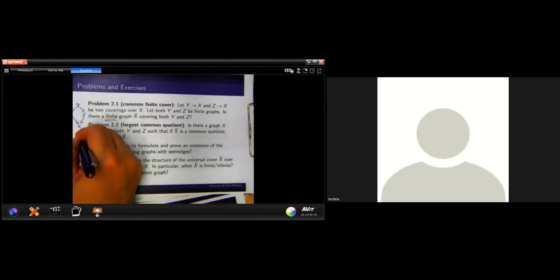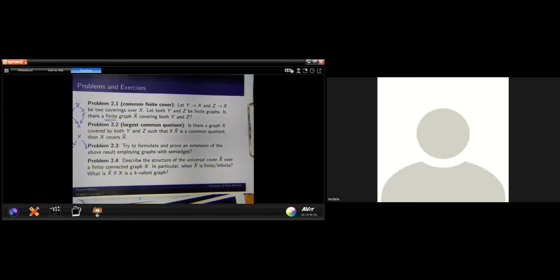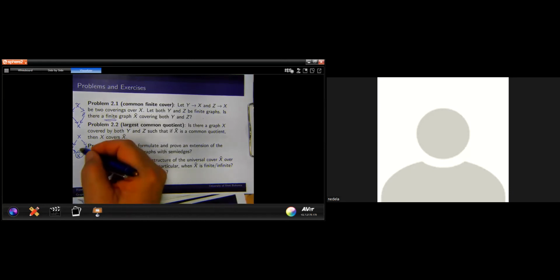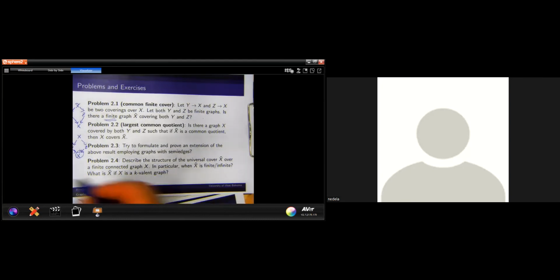Suppose a graph covers Y and Z. Then we ask whether there exists a joint quotient X bar, which is covered by these two, and we are interested in the largest such quotient, where largest means that there is no common cover covering this guy.